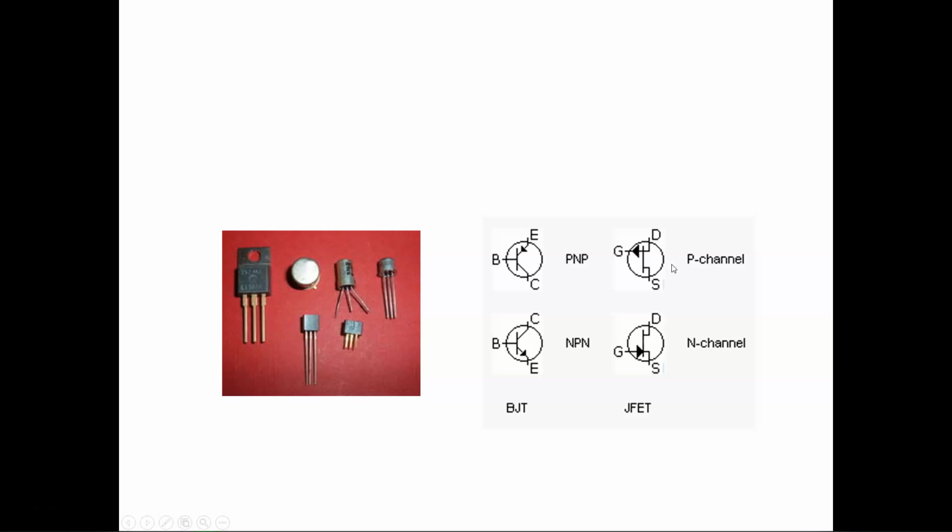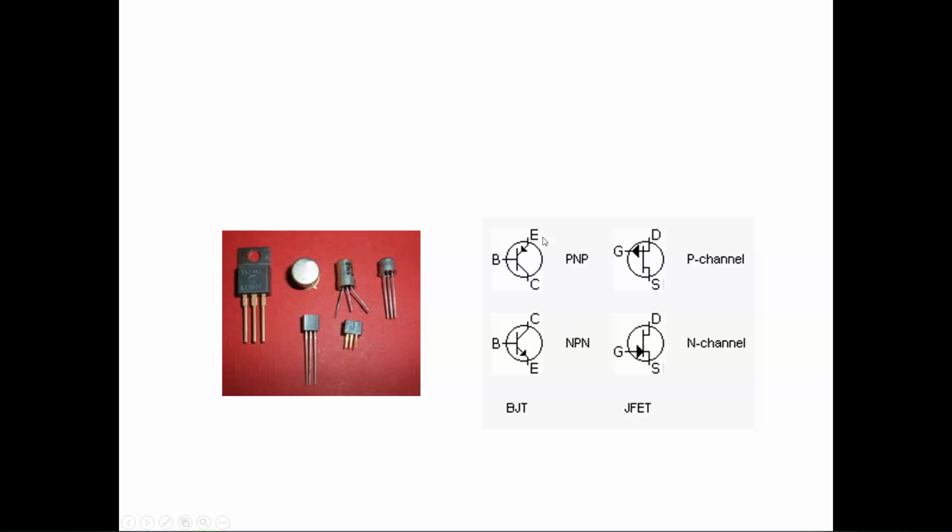So you have what's called a collector, a base, and an emitter with transistors, right? So you have your base, which is this guy right here. This is supposed to be your collector. I might be saying that wrong. And this one would be your emitter, yeah.